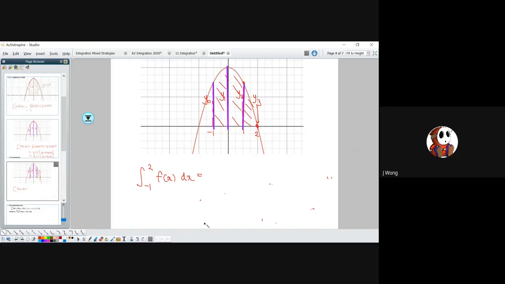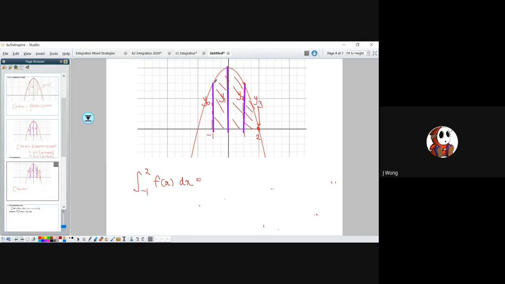So you could see that we will have, again, several shapes. One additional shape this time is just a triangle. So let's just work out the area. For the first one, that will be a half times 1 times y0 plus y1. The second one, a half multiplied by 1, y1 plus y2. Then the last one is just the base times height, which is a half of 1 times y2.